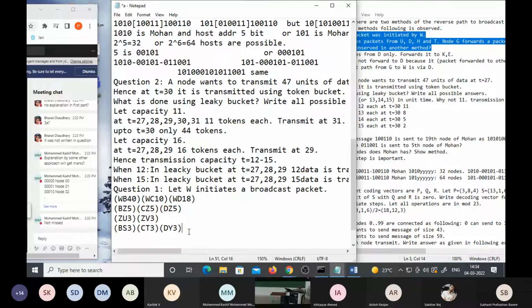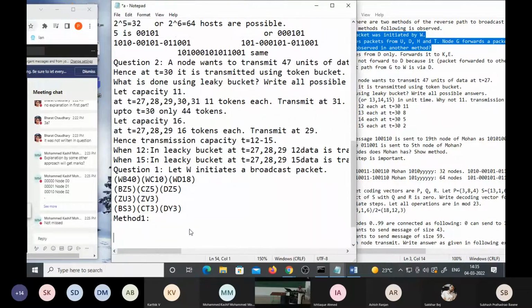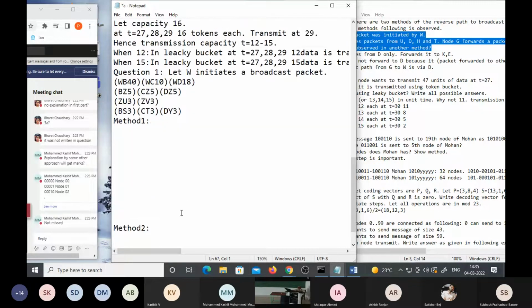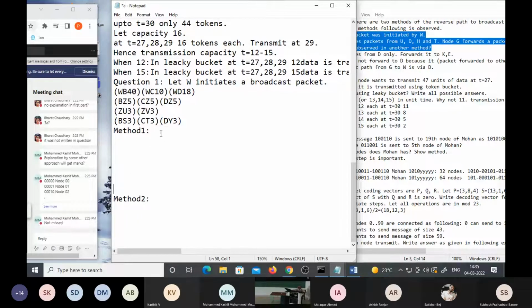Method 1, method 2. At least type one line. First line. No one is able to transmit.